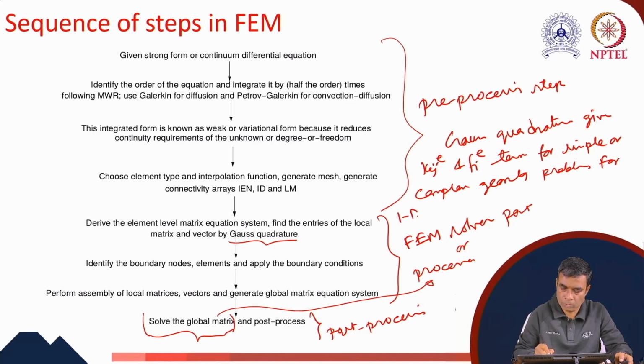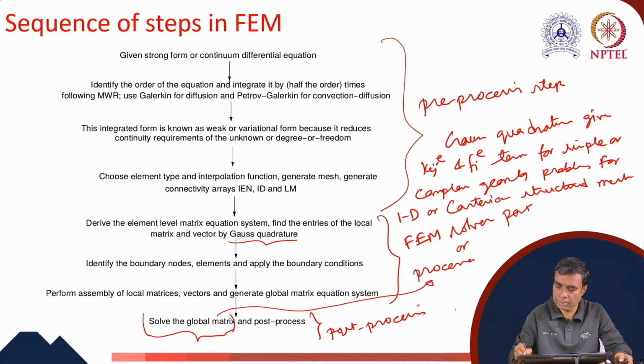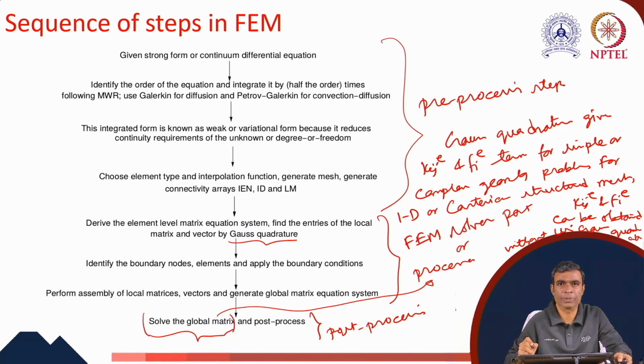For 1D or Cartesian structured mesh, Kij^e and Fi^e can be obtained without using Gauss quadrature. So, for the Cartesian structured mesh, we can find Kij^e and Fi^e with the help of direct integration, where we take help of the local coordinate system.